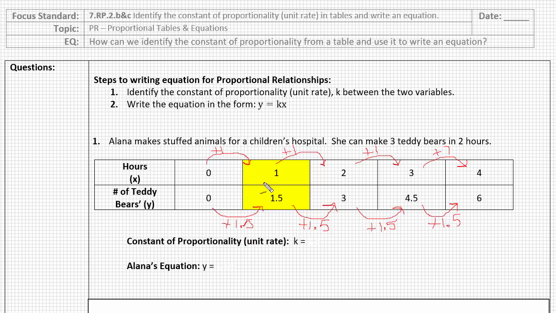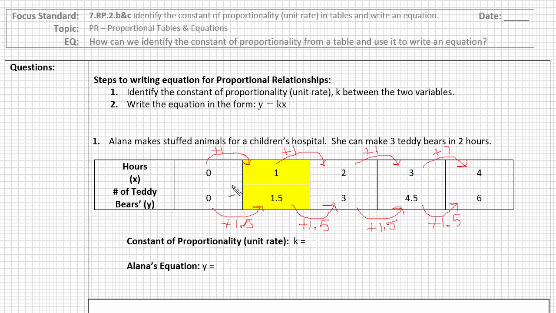There's one more way to see it. Notice that 1 times 1.5 is 1.5. 2 times 1.5 is 3, and 3 times 1.5 is 4.5, and 4 times 1.5 is 6. So we can either look for where 1 is in our x variable and look to see what our y value is.